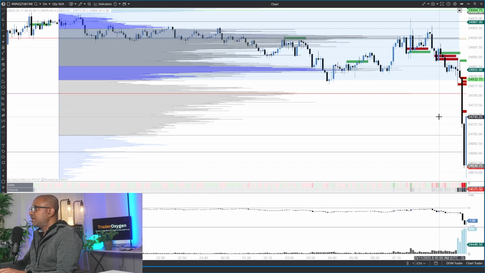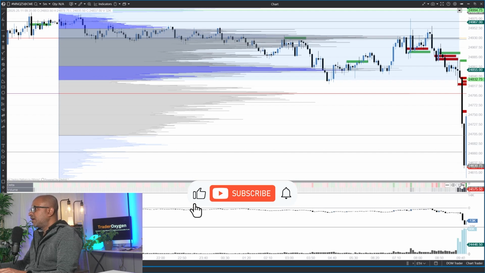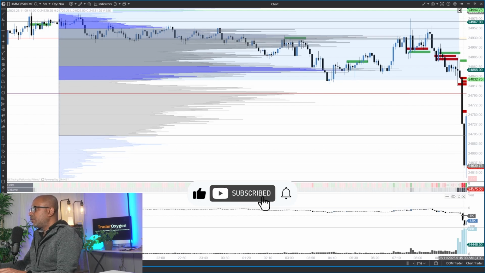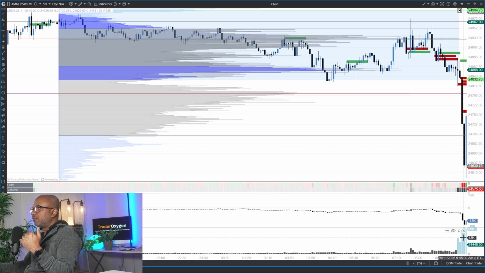That displacement, with bearish stacked imbalances over here, confirms that aggressive sellers were involved in pushing this price down. Also you can see negative delta, the cumulative volume delta is also bearish, and also with high volume. So when we see this, we are now thinking of taking a bearish entry.